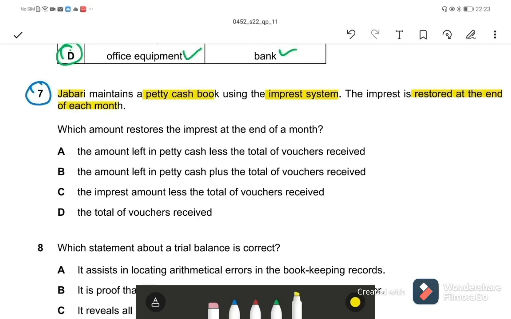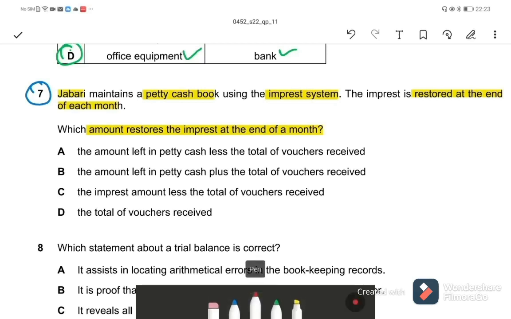So at the end of the period, business, they will restore the amount, how much they spend in that month. It means how much vouchers they received. So the options we can see, which amount restores imprest at the end of the month.